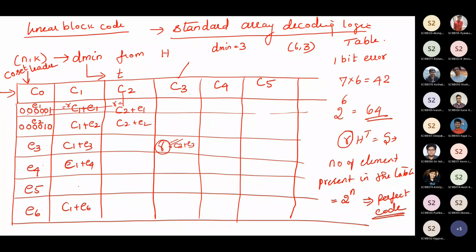How many errors it can correct and how many it can detect depends only on the D minimum value, which is the minimum Hamming distance. Once you know the D minimum of the given (n, k), you can say how many errors it can correct and detect.